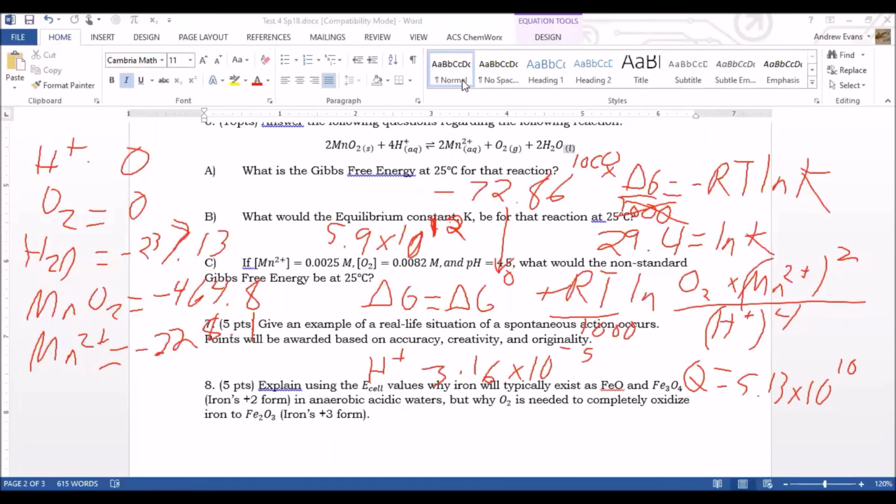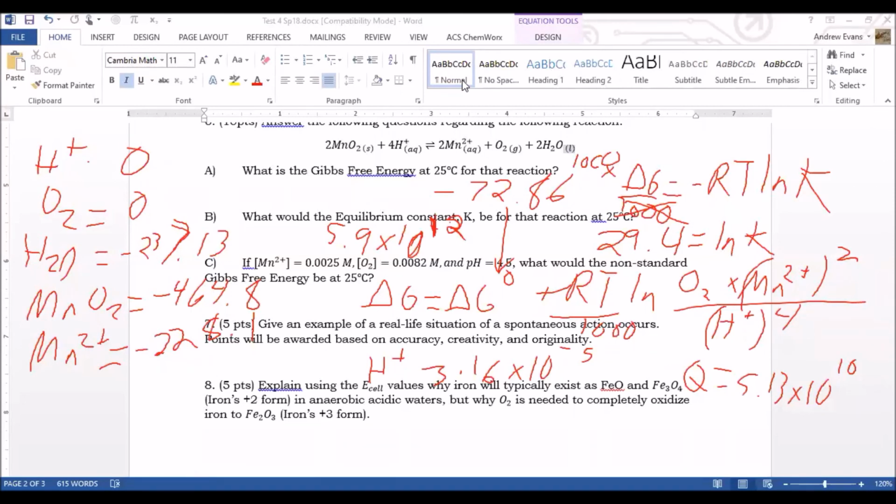So I'll take the natural log of that number times R, 8.314, times T, 298, and divide by 1,000. So I get positive 61.1 as this whole term.